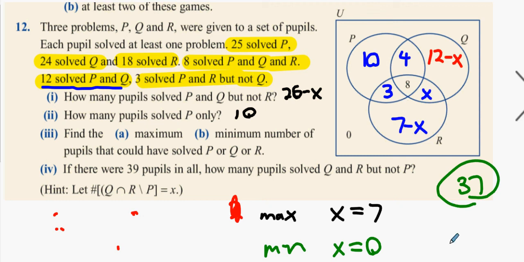There we go. There's 44 people when x equals 0, but there's only 37 when x equals 7. So which one's the max and which one's the min? The max is 44 and the minimum is 37. Anybody get that? Good job.